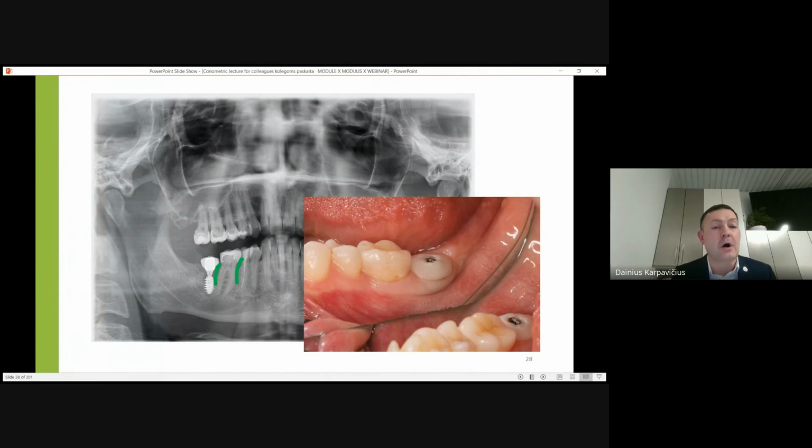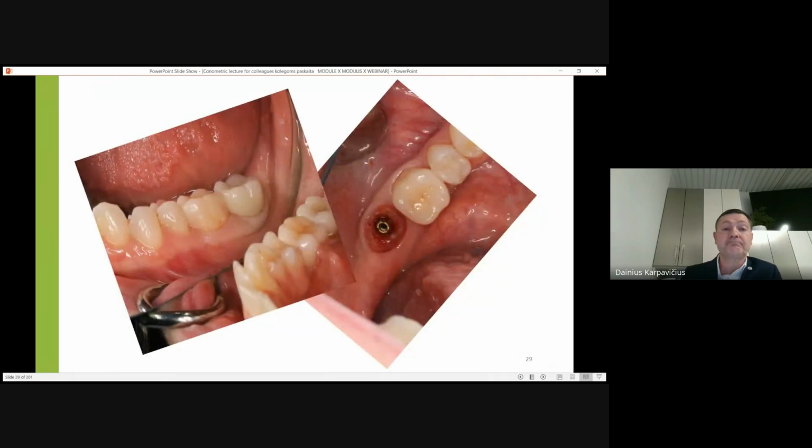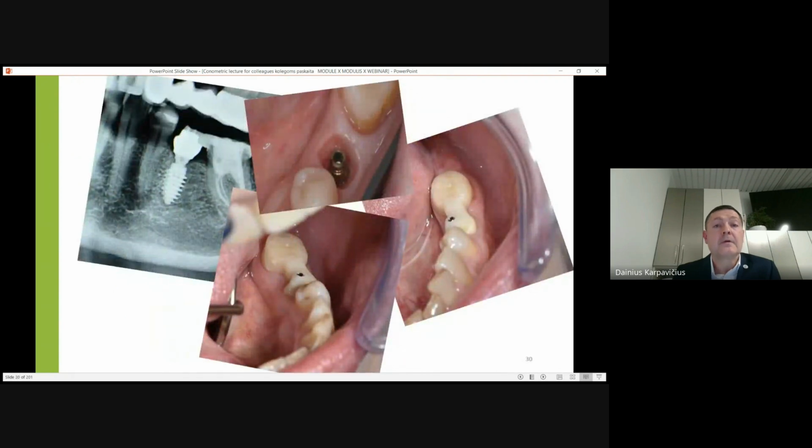For these cases, especially the molar area, it's not very nice, and sometimes it might cause the beginning of peri-implant tissue problems. So this is again after a couple of months.